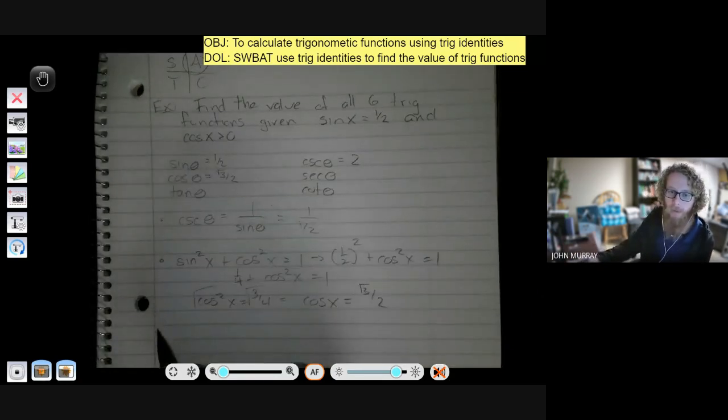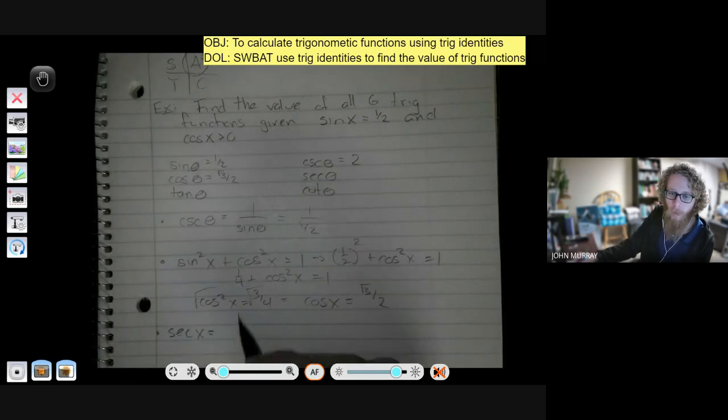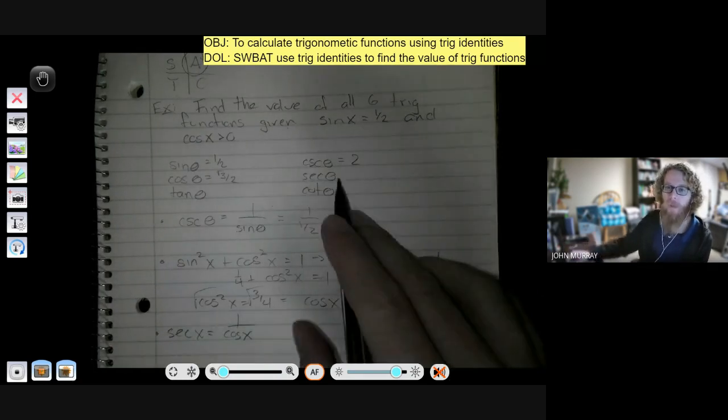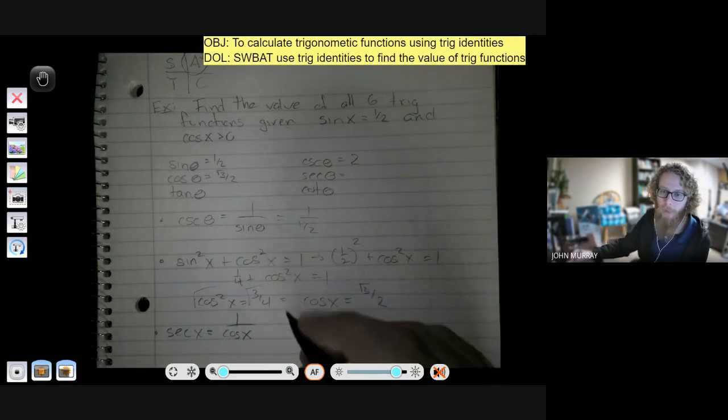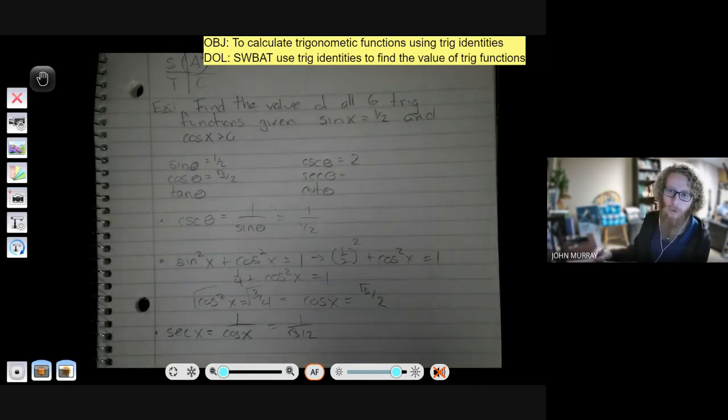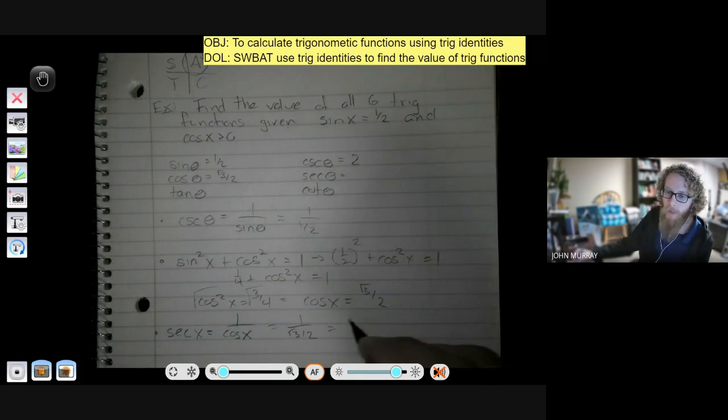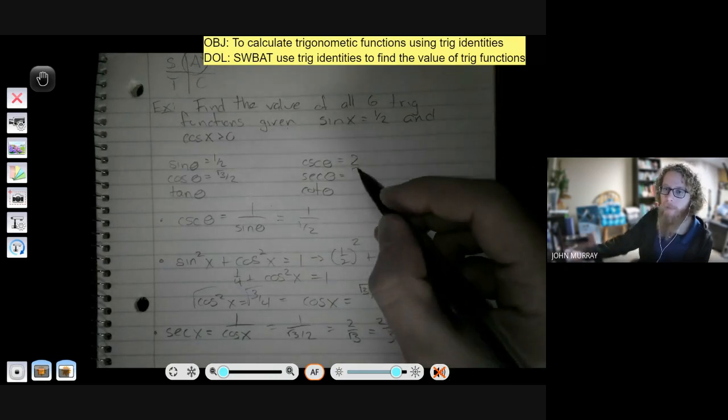I can do the secant as the reciprocal of cosine. So I flip root 3 over 2, which gives me 2 over root 3, which again, we don't like that square root in the denominator. So we bring it to the top.